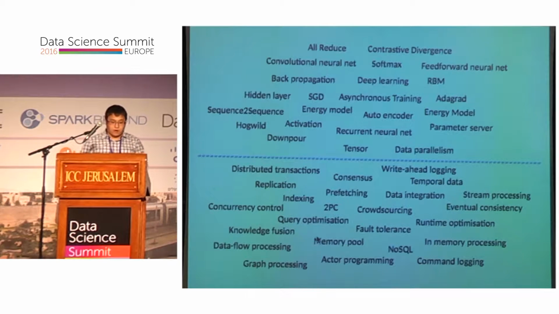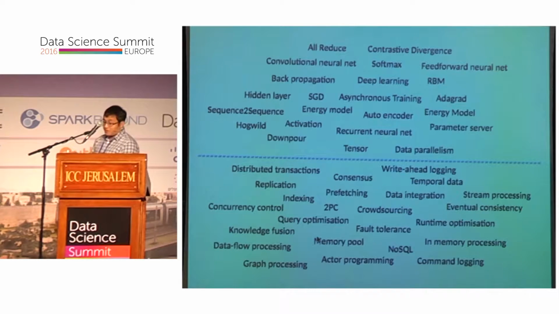On the top, you can see convolutional neural net, backpropagation, autoencoder, downpour, sequence to sequence, data parallelism. Those are the buzzwords you see now when you read articles under deep learning.